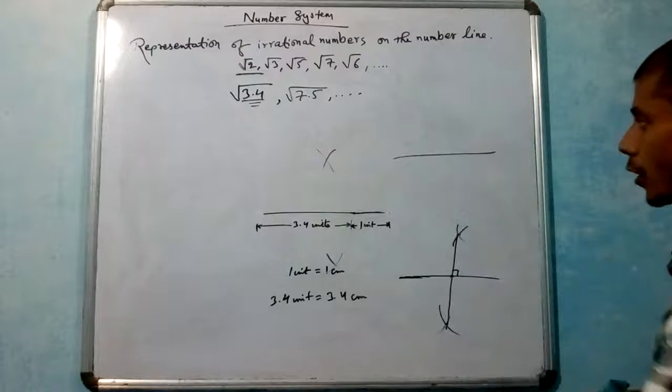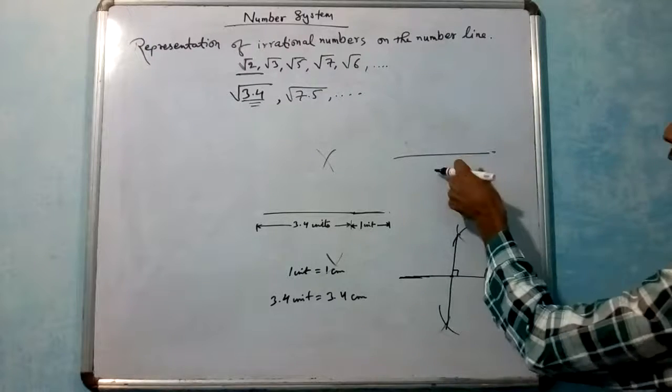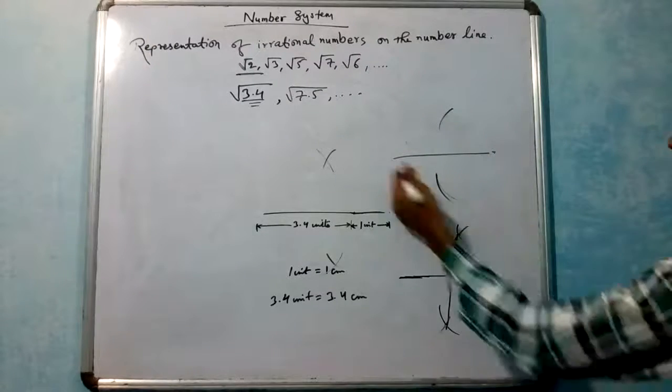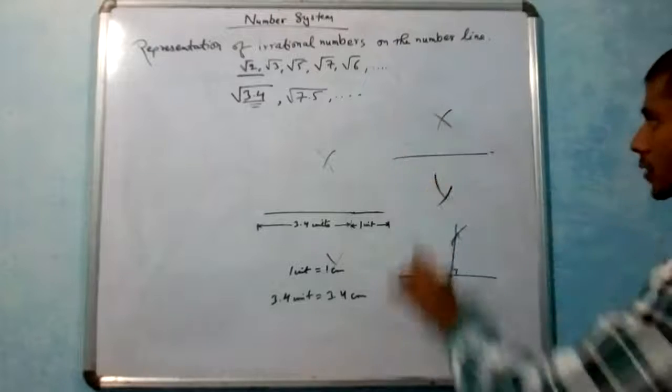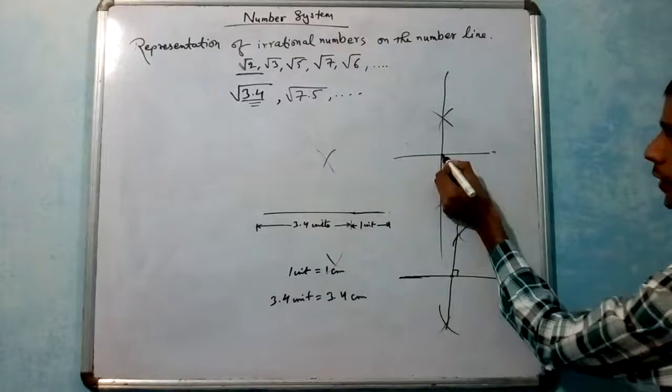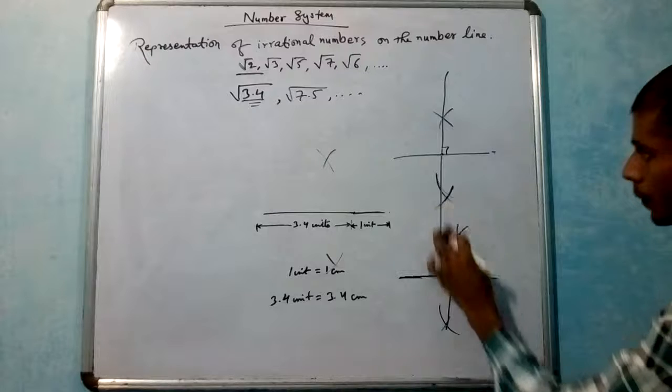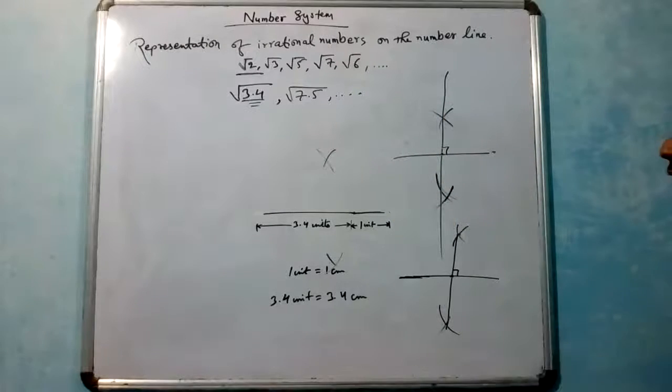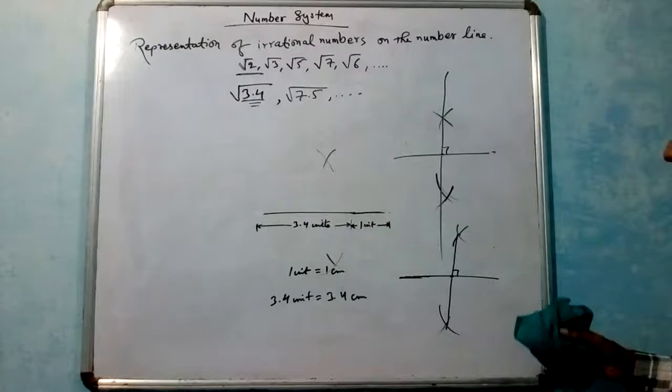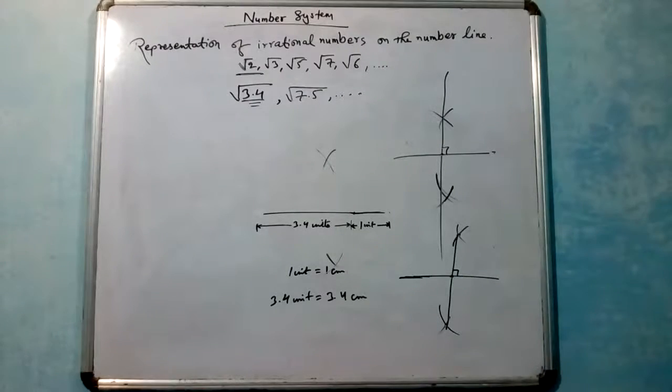So take more than half, draw the arcs on both sides, keep the needle at the other end, cut the previous arcs, join them, and you will get the middle point here. Also this line will be perpendicular, making 90 degrees with the given line. This is the standard method.